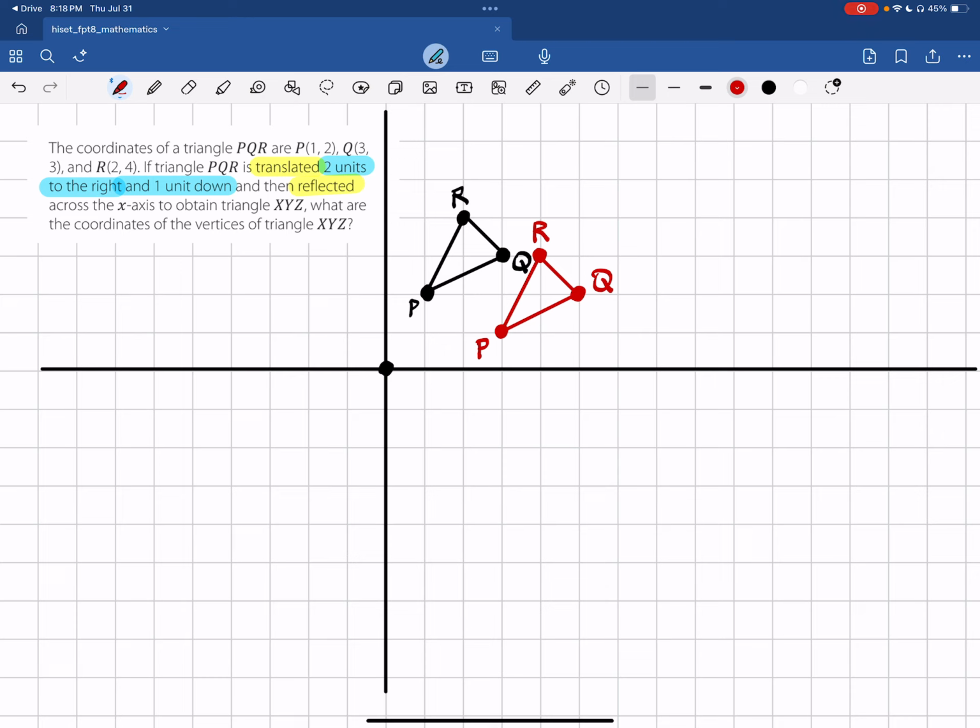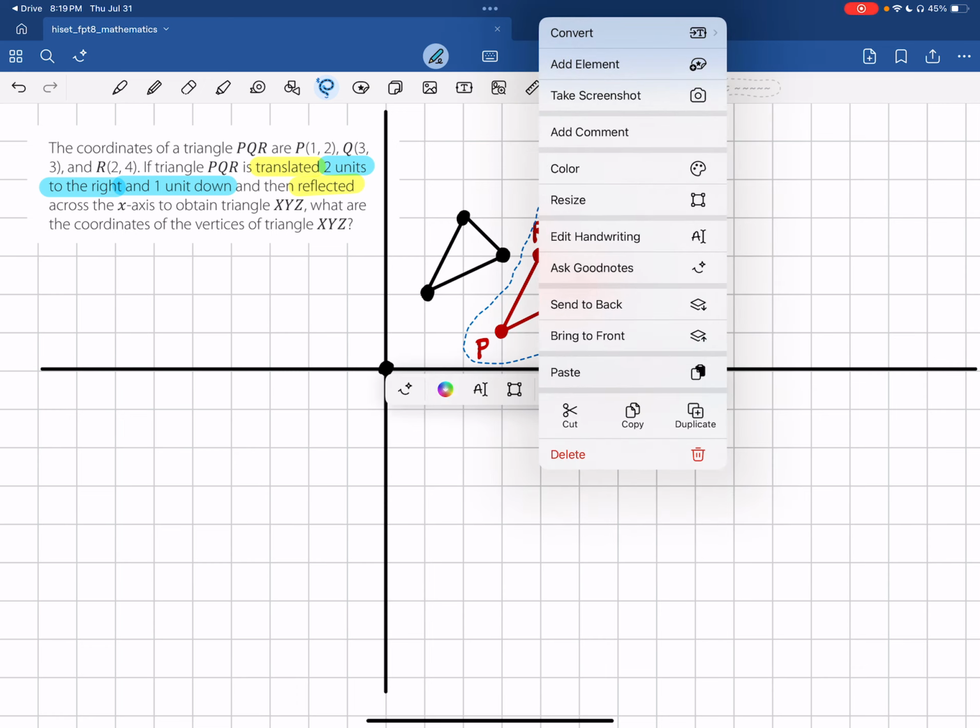So then what do they want me to do with it? They want me to flip it, and I can't show you this, I don't think. Let me try. And I tell you what, I'm going to erase the black PQR because I don't want you to get confused. I'm going to erase the letters. What we're trying to do is take this red triangle and flip it, but I can't do that on this program.